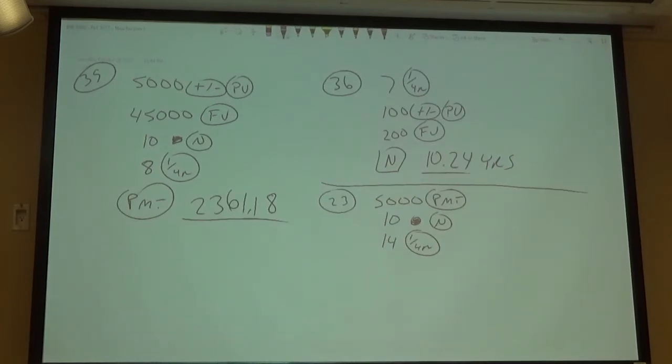And we're just gonna be solving for what is present value. $26,080.57.58. Okay? Any others? 14? Good.